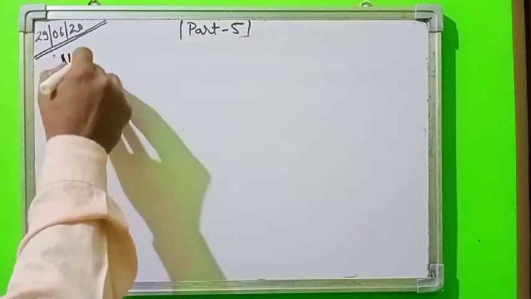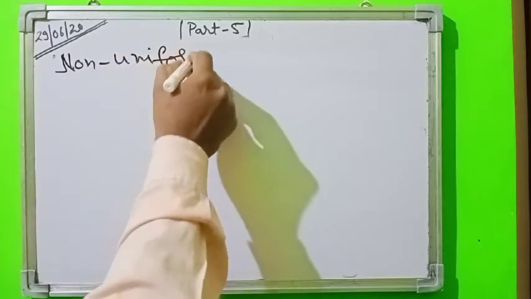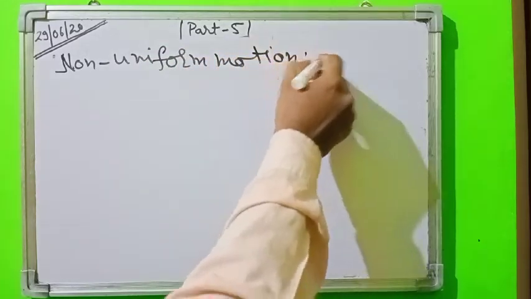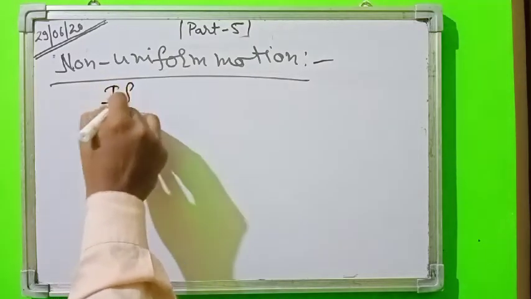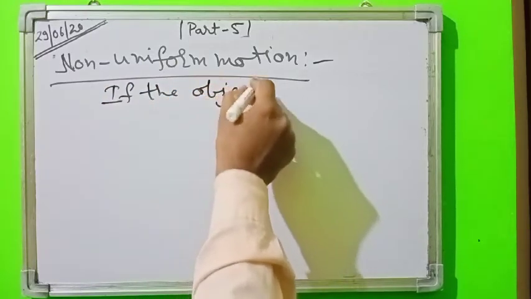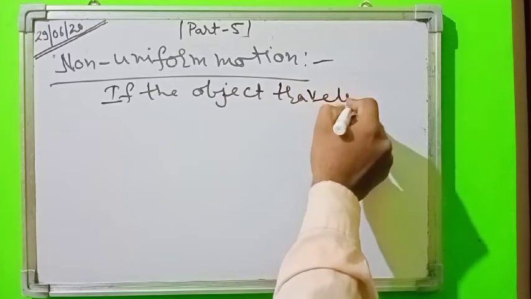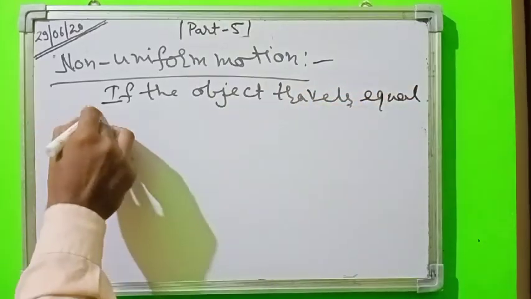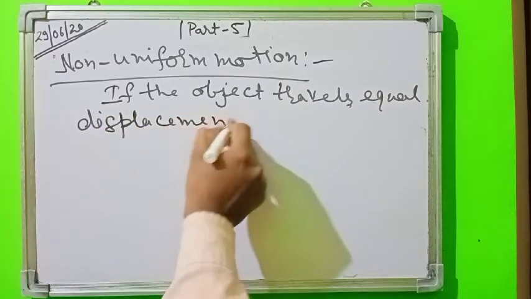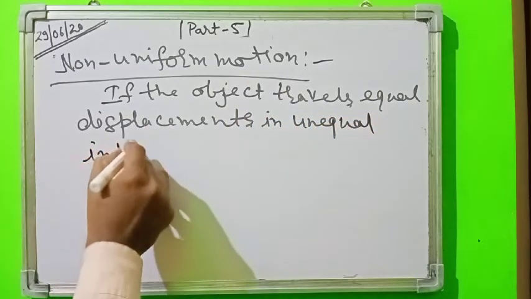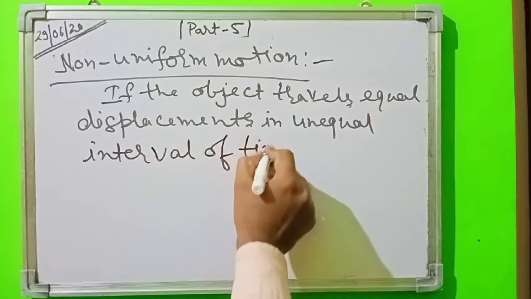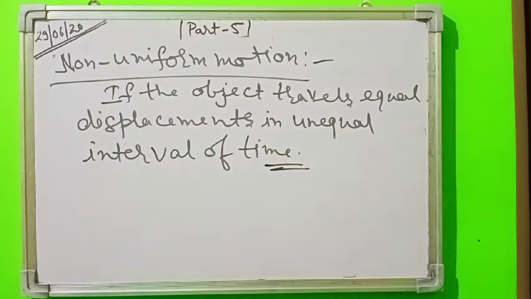Non-uniform motion is similar to variable motion: if the object travels equal displacements in unequal intervals of time, this is non-uniform motion.